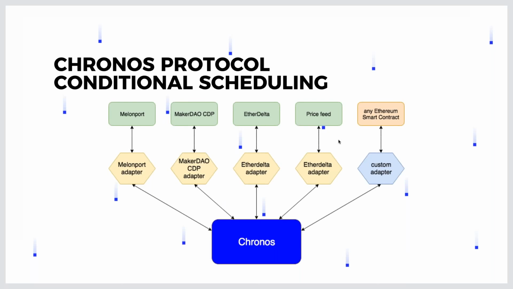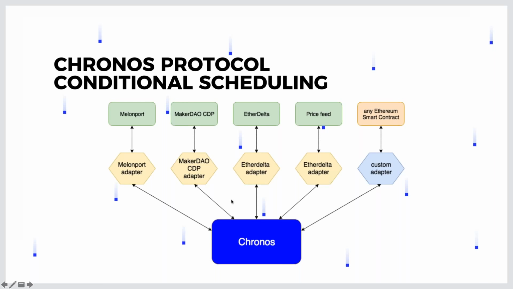Okay, so now we're going back to conditional scheduling and how this works. As I said, Daniel and Logan used the idea and the Chronos for Melonport, and they built some sort of Melonport adapter. They might call it differently, but basically that's the thing.